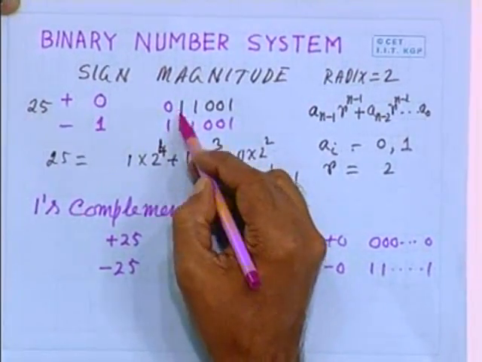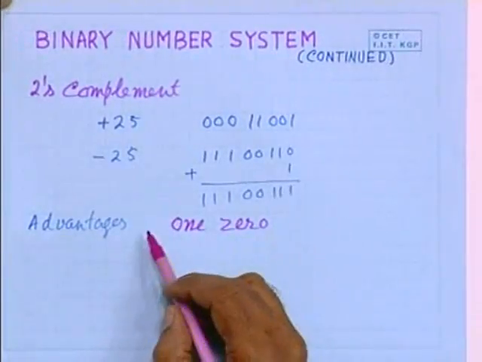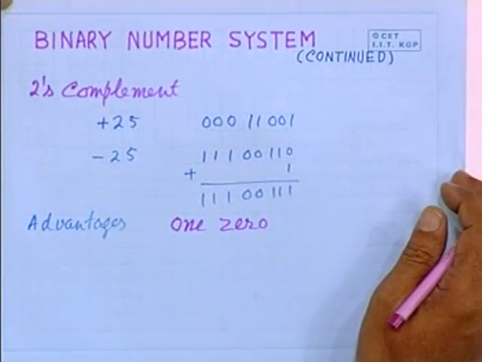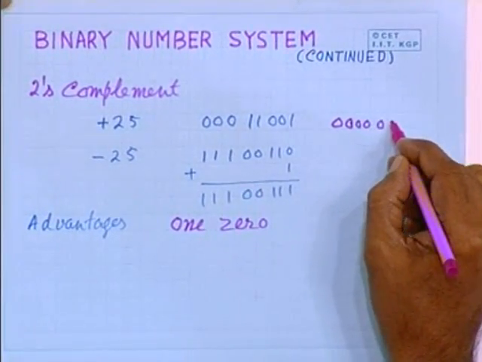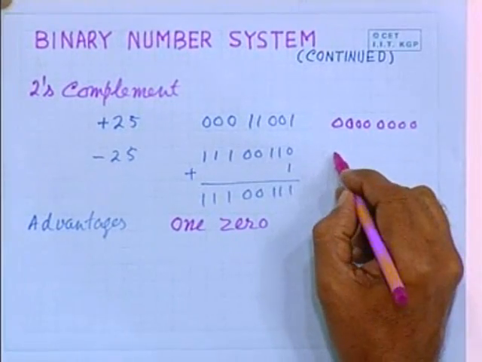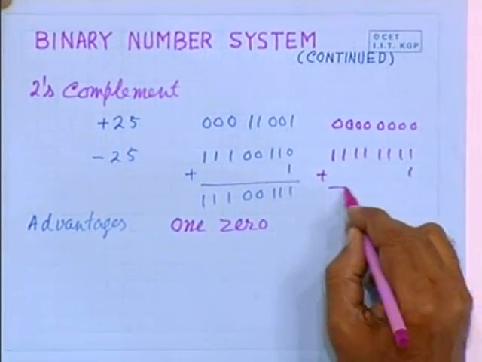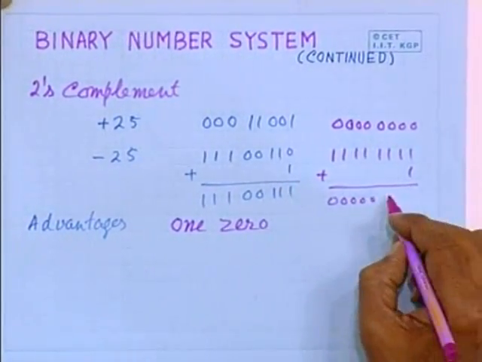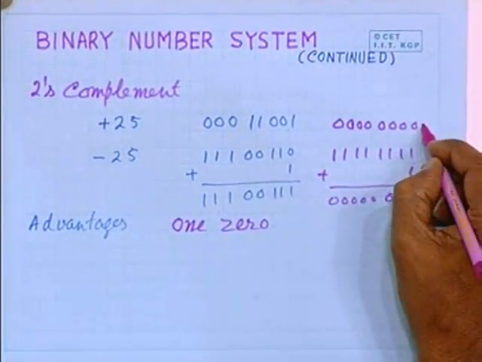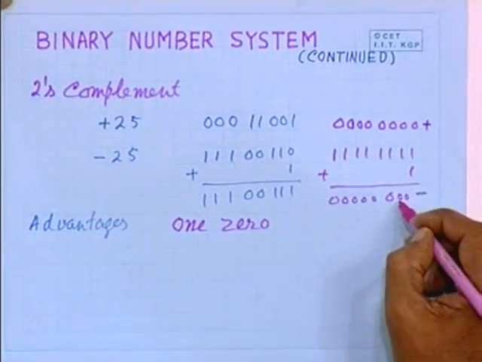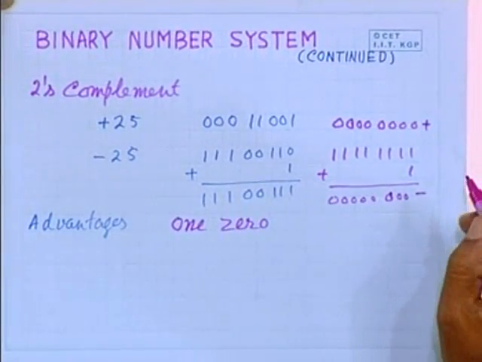So you get one less number. On the other hand, in case of 2's complement number system, it has got one unique 0. For example, for 8-bit, 0 is 0 0 0 0 0 0 0 0. Now suppose you do the bit by bit complementation and then add 1, you again get 0 0 0 0 0 0 0 0. So the positive and negative zeros have the same representation. That's why it has got only one 0 representation in 2's complement number system.